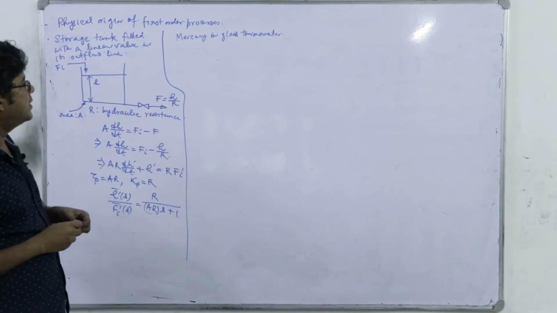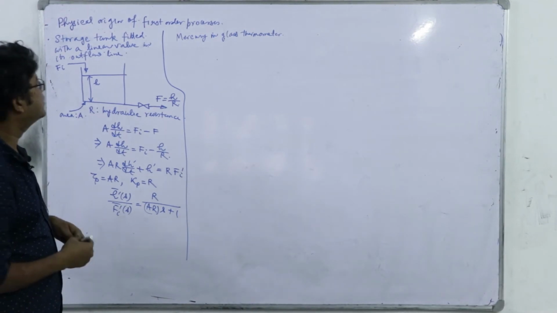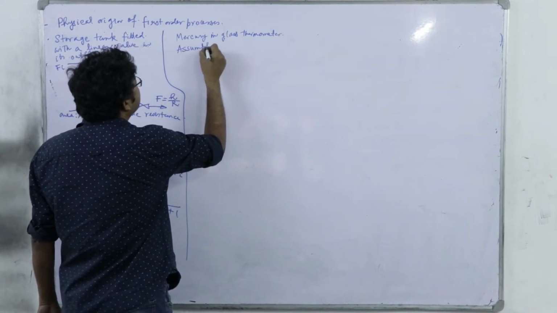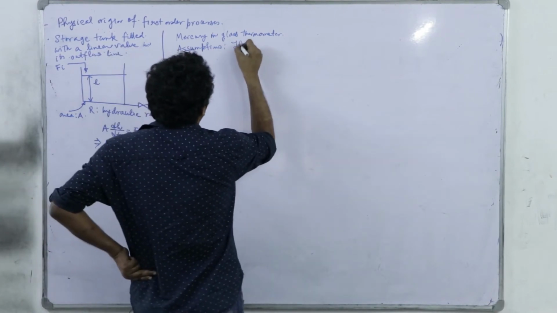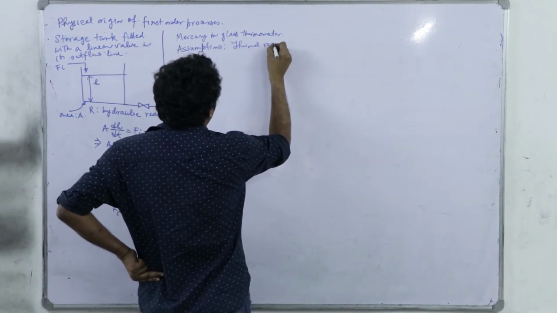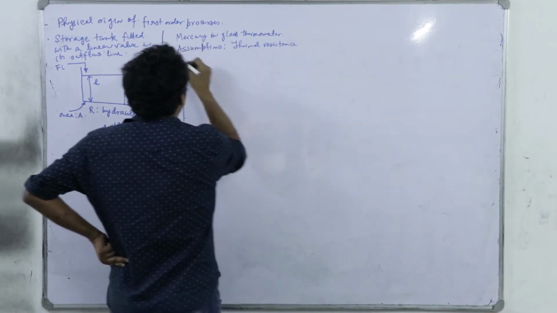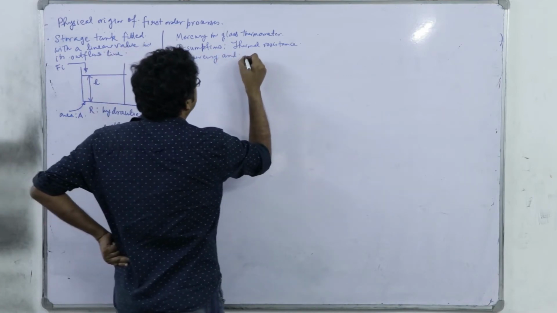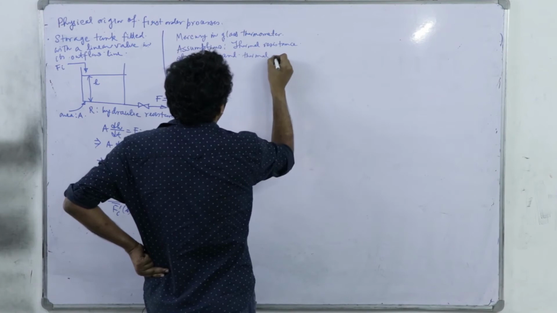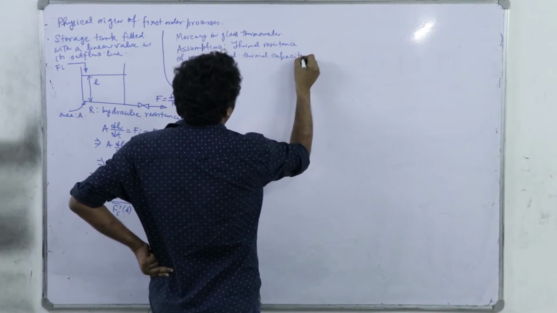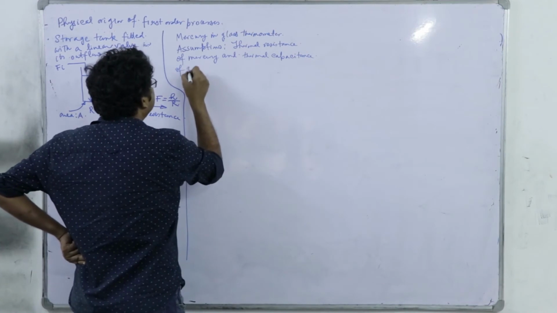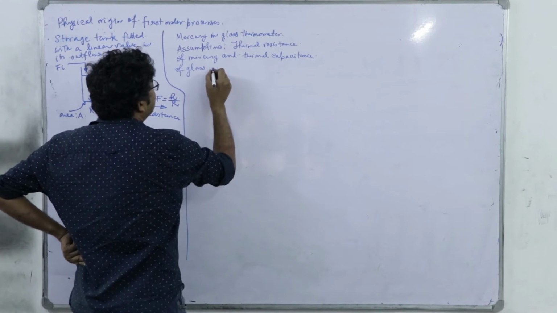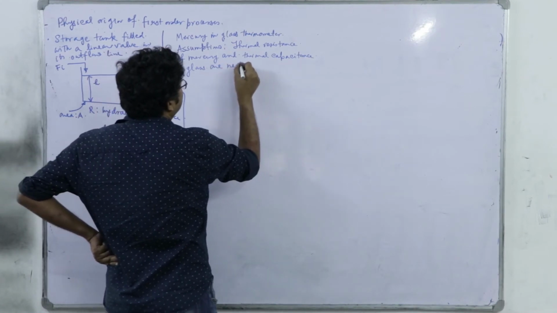Here we assume the thermal resistance of mercury and the thermal capacitance of glass are negligible.